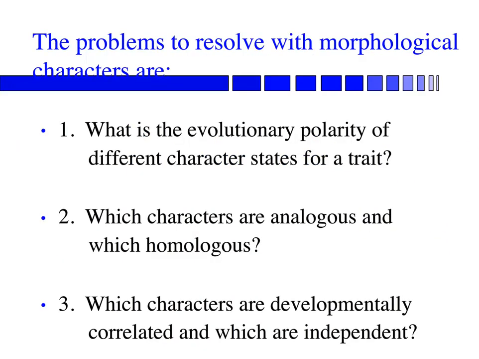Now, we've said before that morphology is definitely not perfect, especially when you're trying to put together your tree. One reason is that very often it's hard to tell what is ancestral and what's derived. So what's the polarity? Secondly, it's really hard to tell if certain traits are analogous or homologous. Okay? And last but not least, some characters are morphologically correlated.